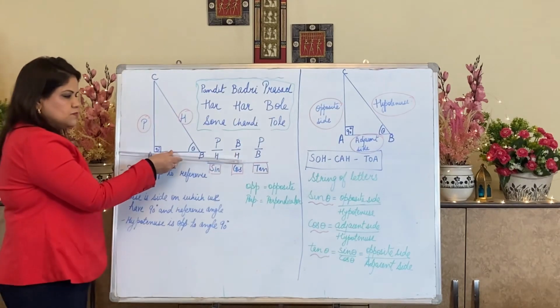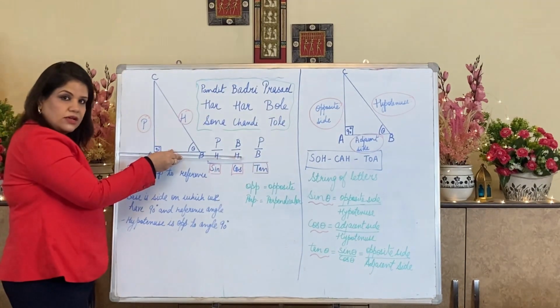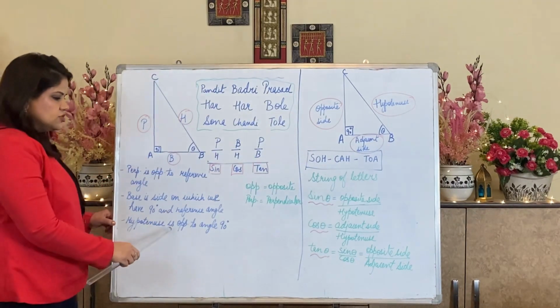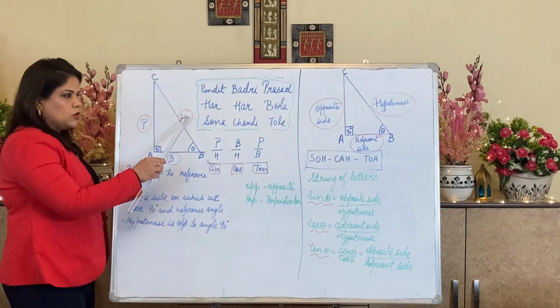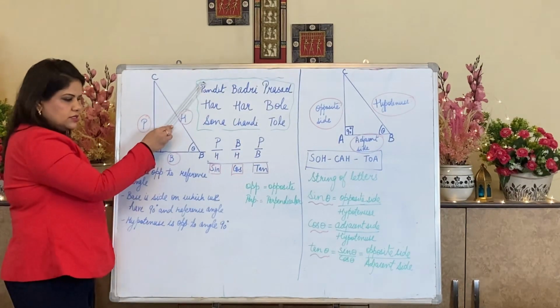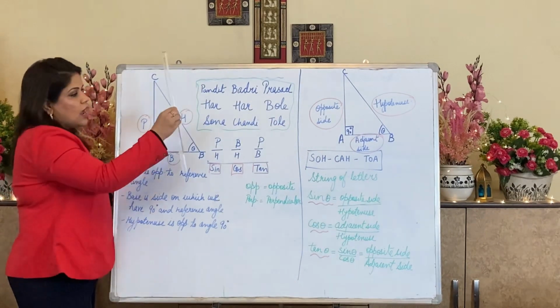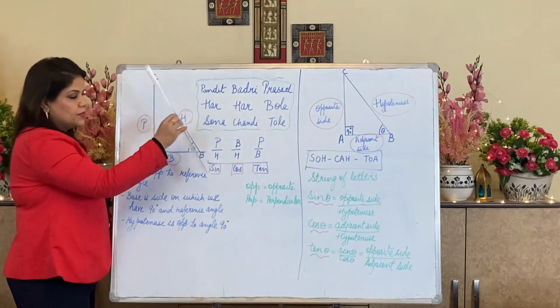So on this base, I have the 90 degree angle and my reference angle, which is angle theta. And hypotenuse is opposite to the 90 degree angle. So this is my hypotenuse, this side is opposite to my 90 degree angle, and this is the longest side of the triangle.